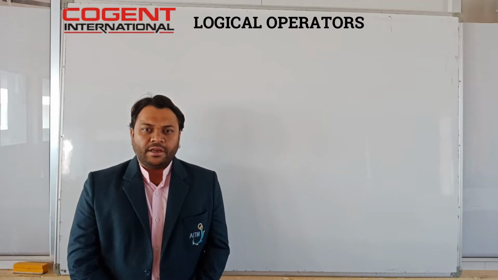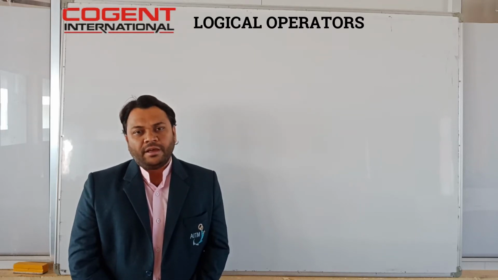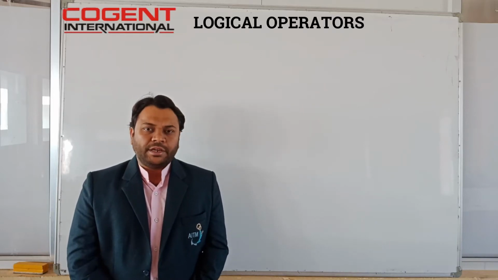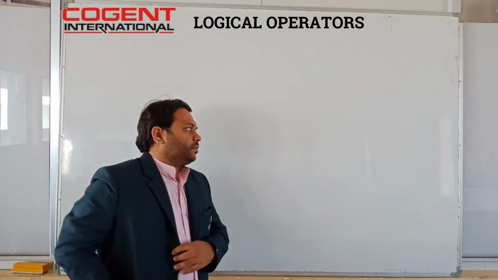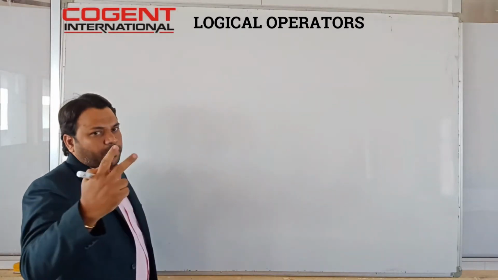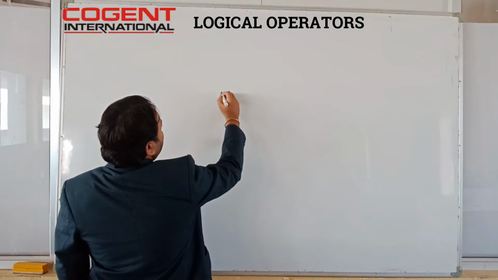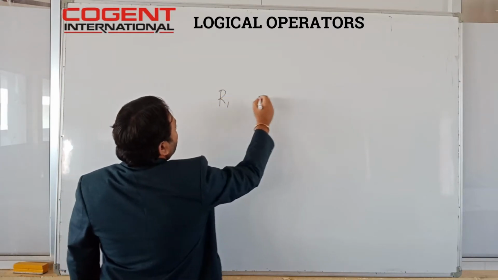Let us consider a table and we'll understand how logical AND, logical OR and negation work here. I'll consider two inputs, one is R1 and R2.